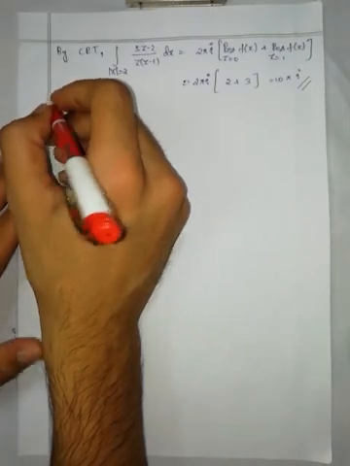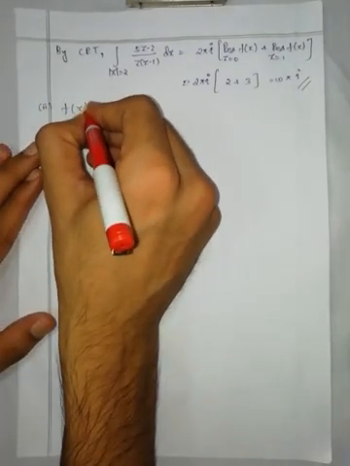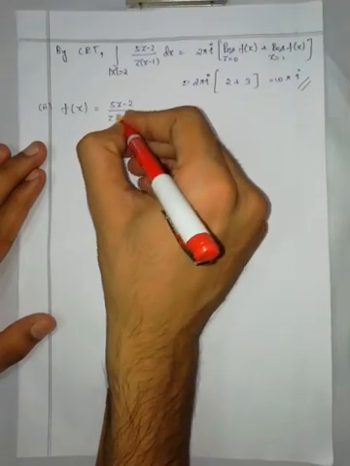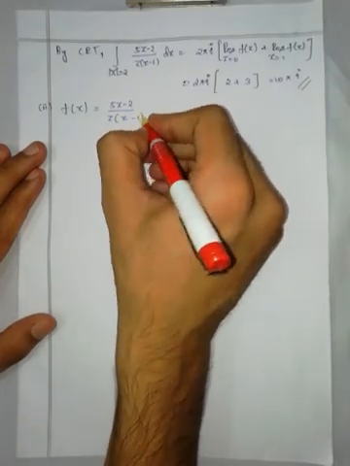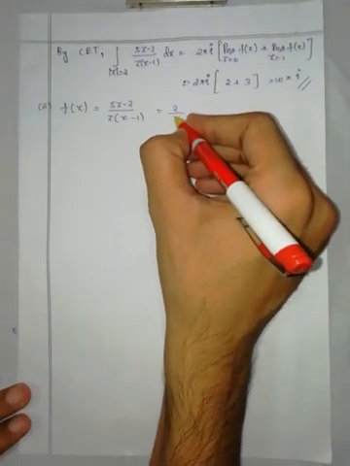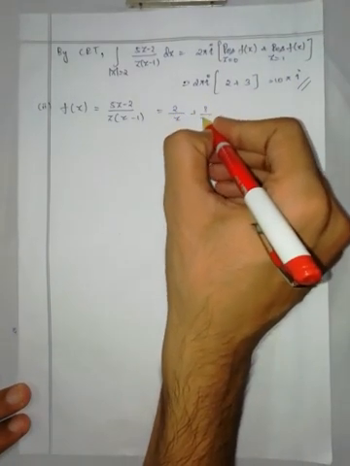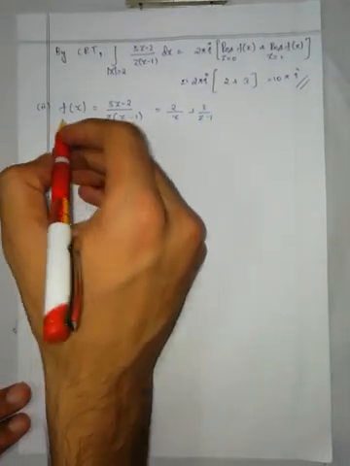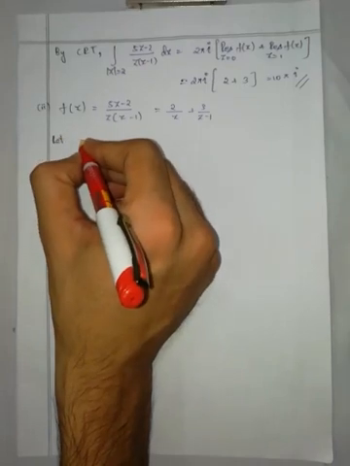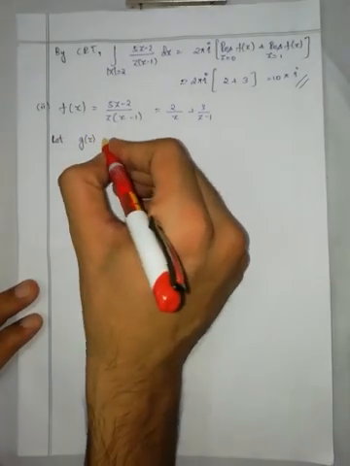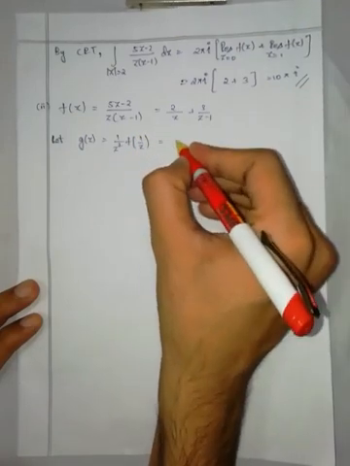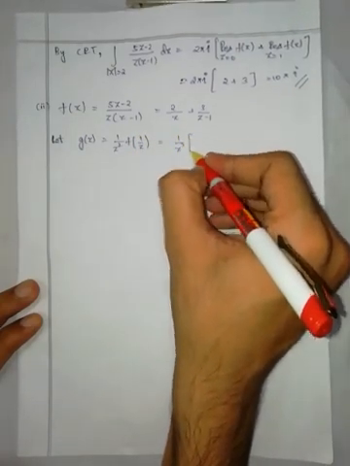Using the single residue. What is f(z)? (5z - 2) / (z(z - 1)). Already we wrote this as partial fractions, that is 2/z + 3/(z - 1). Now using the single residue, let g(z) = (1/z^2) f(1/z).